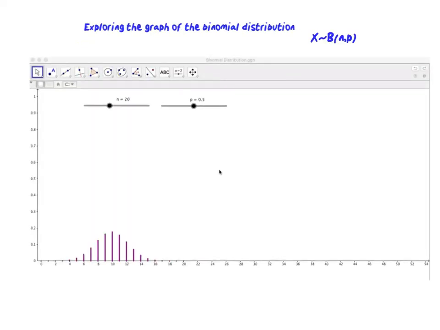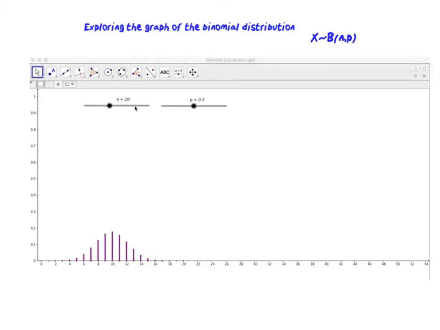Let's look closer into the binomial distribution. We will explore it further and we'll start by looking at the variable X, which is binomially distributed with n equals 20 and p equals 0.5. 20 is the number of trials in a binomial experiment.